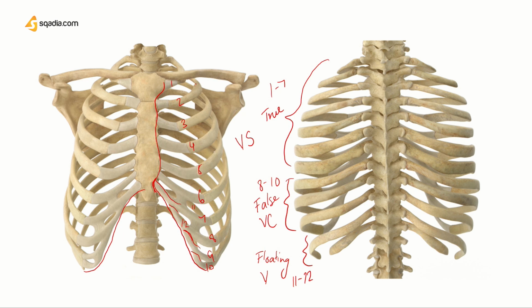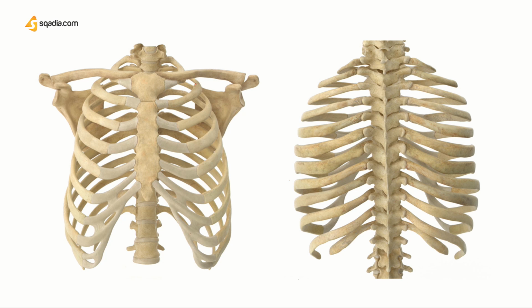Okay? Now, the last thing I want to tell you about the ribs before we move on to the other slides. For the sake of anatomical description, we will be learning that there are two main types of ribs.